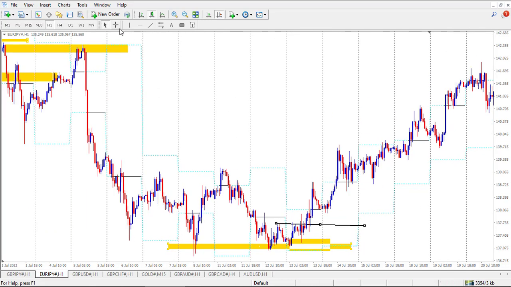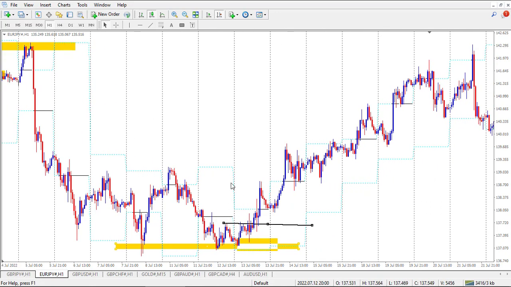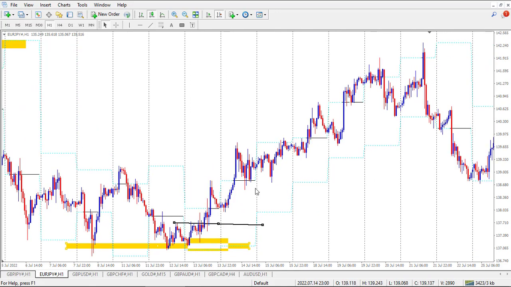Let's measure these things. If you enter here, you'll be risking something like 35 pips, and you'll be going for something like 184 pips. I don't really know how to calculate the risk to reward ratio there. 185 divided by 35. You can punch your calculator and see, but I know it's a very healthy risk to reward ratio.